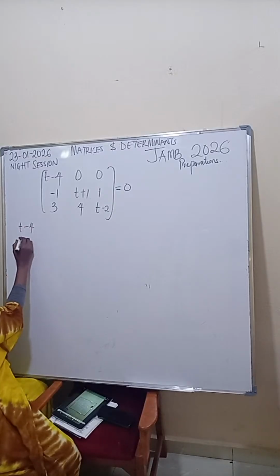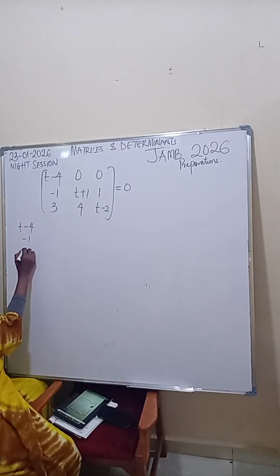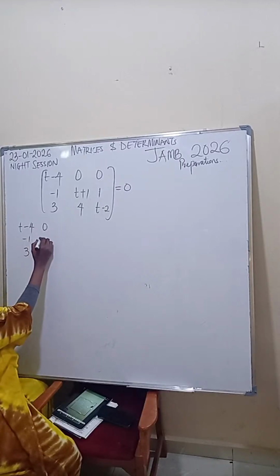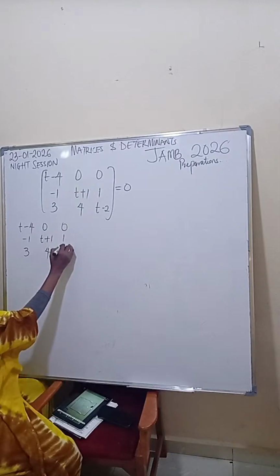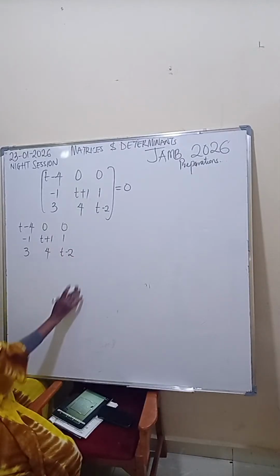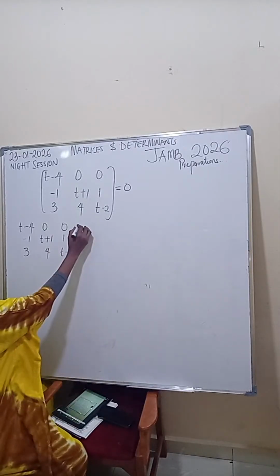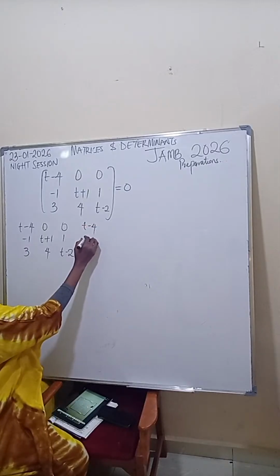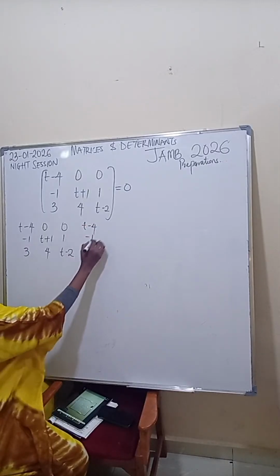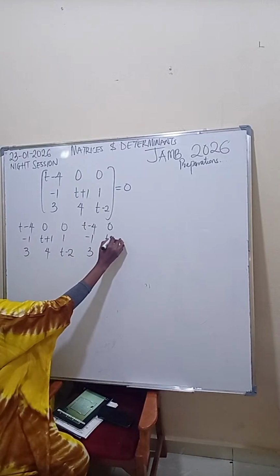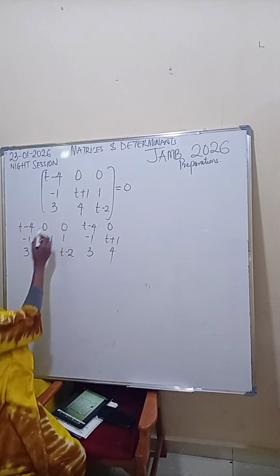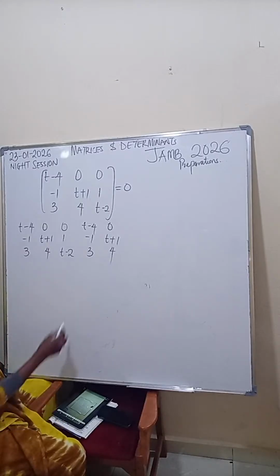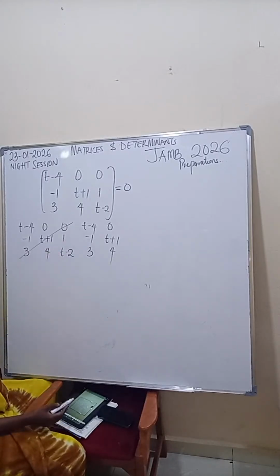I first have to copy out: 0, t plus 1, 4, 0, 1, t minus 2. Then here I have t minus 4, minus 1 and 3, 0, t plus 1 and 4. So we take the diagonal. So where do I start from? 0, t, like this, right?